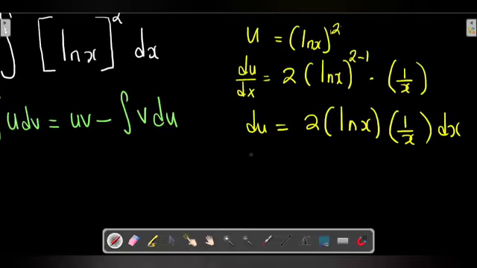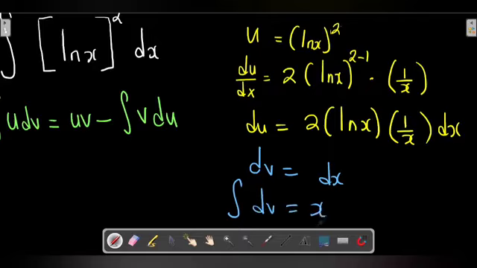This means that your dv is going to be dx. Then to get v, which is also in the formula, you are going to find the integral of dv, which will be equal to x. So the integral of dx, meaning 1 dx, the integral of 1, is x.